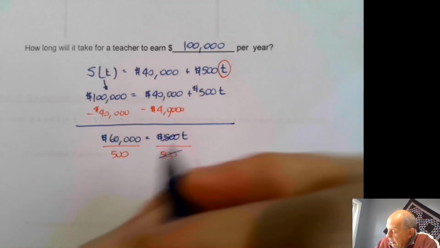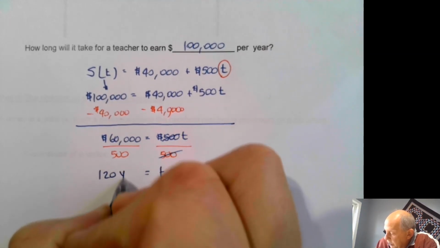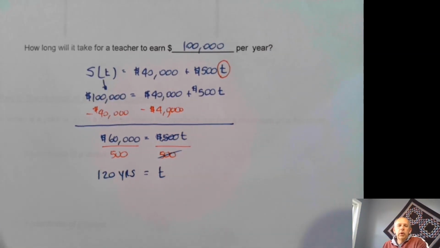Have a cancel, and my T turns out to be 120 years. Not going to happen. Setting all kinds of records if a teacher was teaching 120 years in the Radford City Public Schools. So there's how you would do a model predictor, see how long it would take a teacher to earn $100,000 a year.